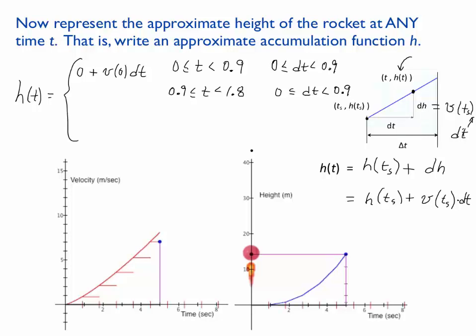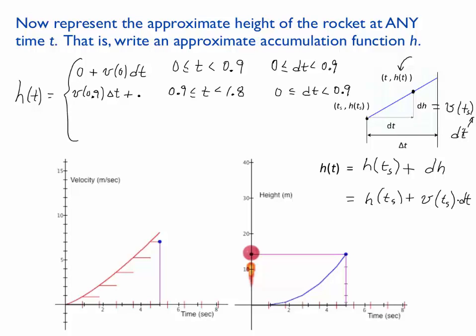Okay, so what's our starting height? Our starting height would be when t is 0.9. If we plug 0.9 in, it'd be V of 0 times 0.9, our total accumulated height up to that point, plus the change.